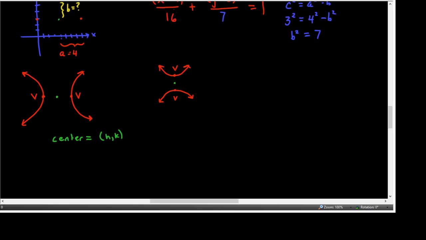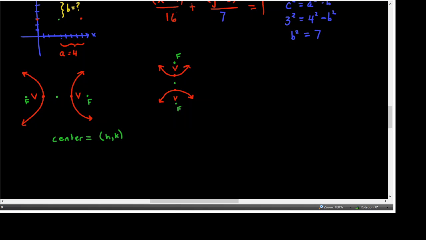So let me put them in here. Let's pretend the foci are here and here. And again, they're kind of inside of the curve, like it was for the parabola. Those five points are collinear: the two vertices, the two foci, and the center.